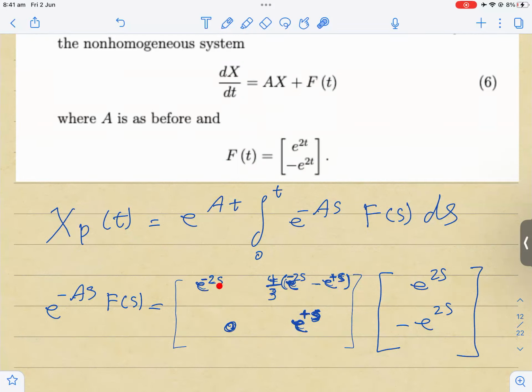Remember that instead of t, we substituted by minus s. That's what I made a mistake on when I was writing. I just subbed s instead of t. So I should have substituted by minus s. f(s) is this guy, e^t, e^s, and minus e^t, minus e^s, 2s.